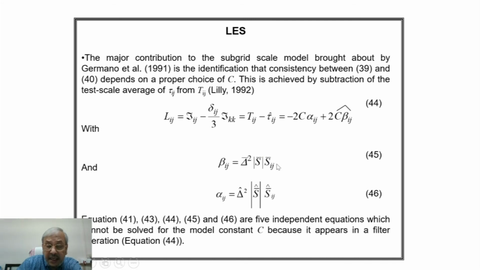This Sij is again half del ui del xj plus del uj del xi.